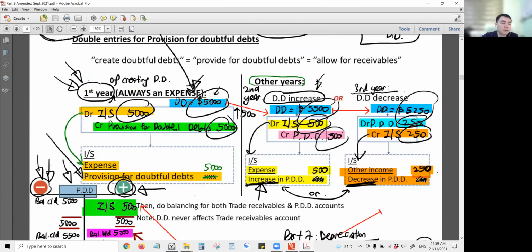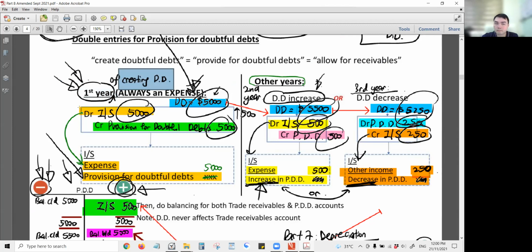And the first year you started to become doubtful, the first year in which you started to become doubtful that certain customers cannot pay you, okay, you're doubtful, you're suspicious. Okay, the first year in which you become suspicious, we call it the year of creating doubtful debt.